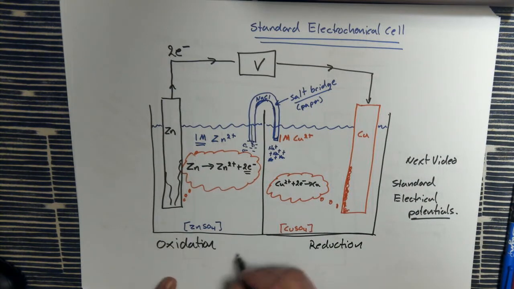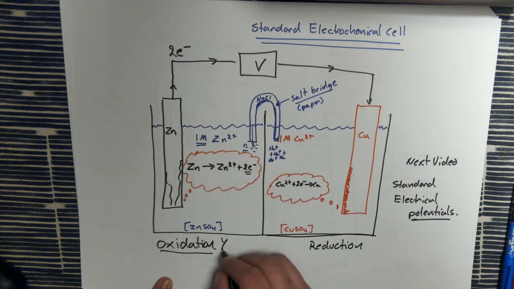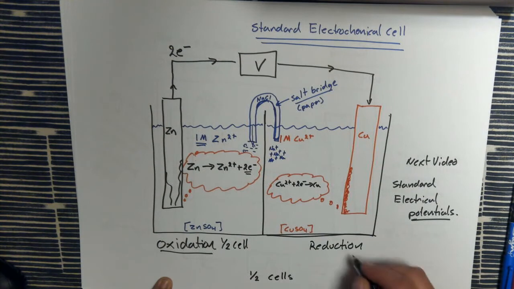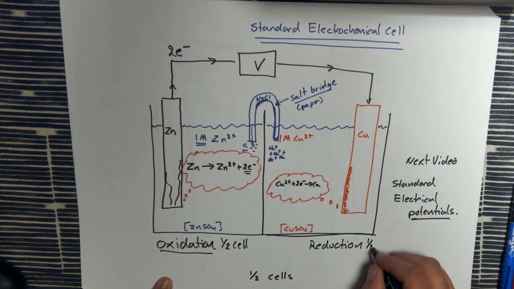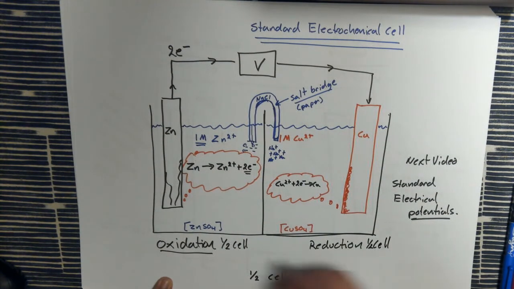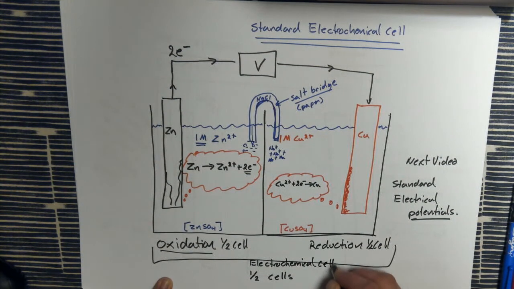And sometimes we call this the oxidation half cell. And this is the reduction half cell. And together they make an electrochemical cell. If you put many of these together, you get what we call a battery.